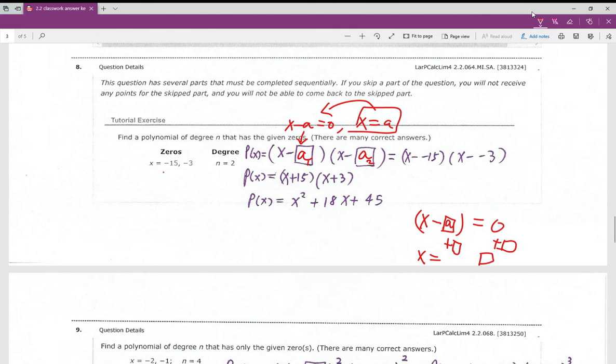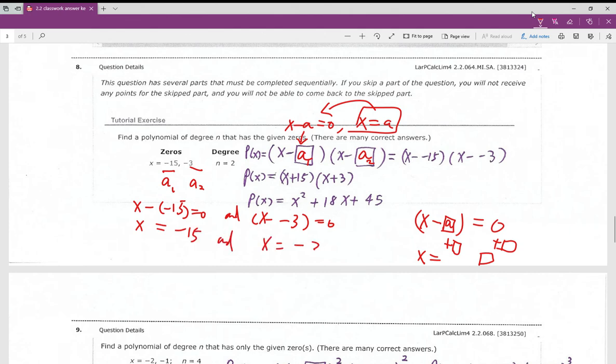So when you have 2 zeros, a1 and a2, it means x minus 15 needs to be 0, and x minus negative 3 needs to be 0. So x will equal negative 15, or x equals negative 3.